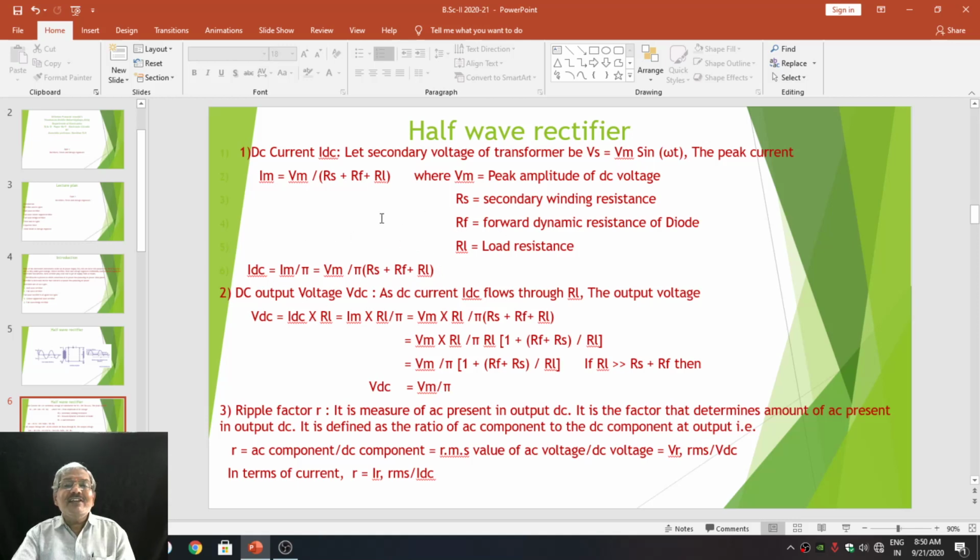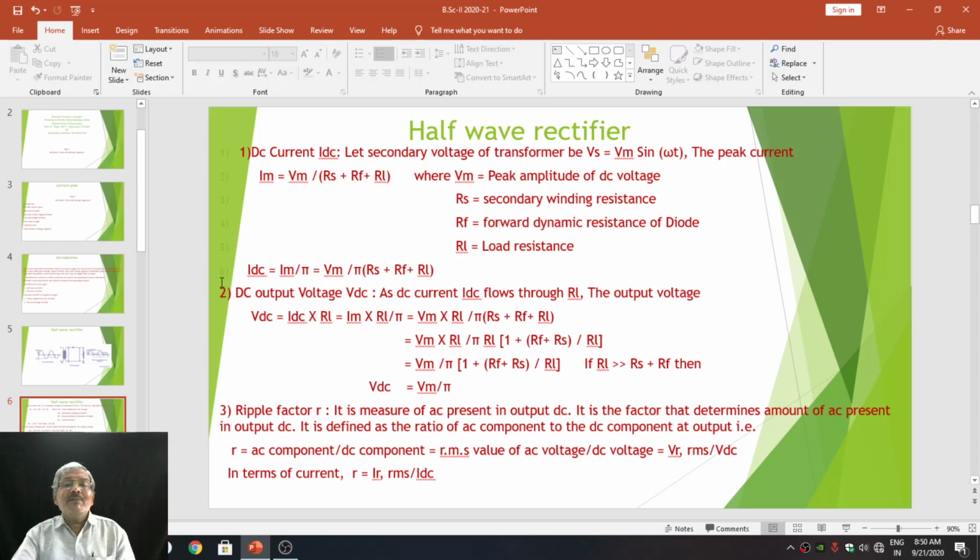So this is the DC current that flows through the load resistance RL. If the value of RL is very large, then this term becomes unity, and IDC is equal to Im upon pi.